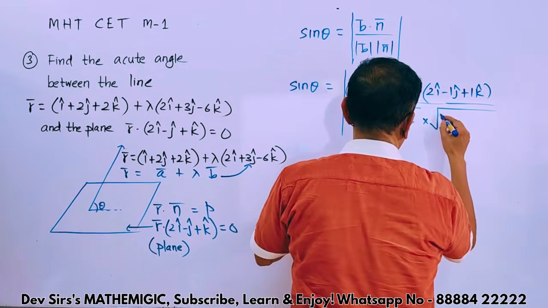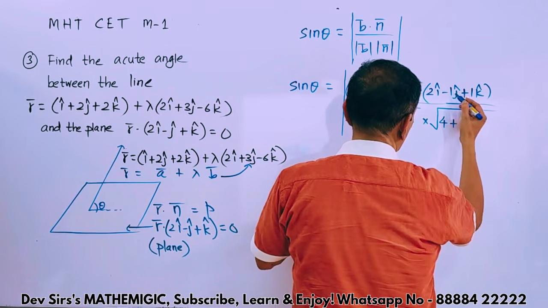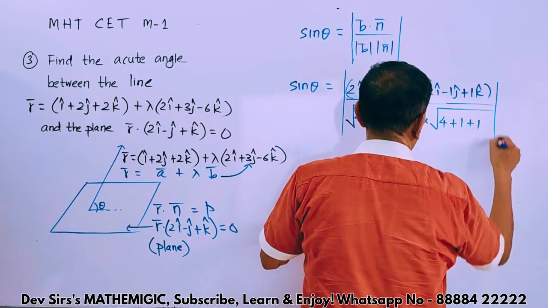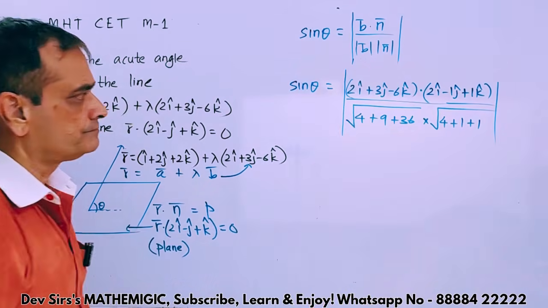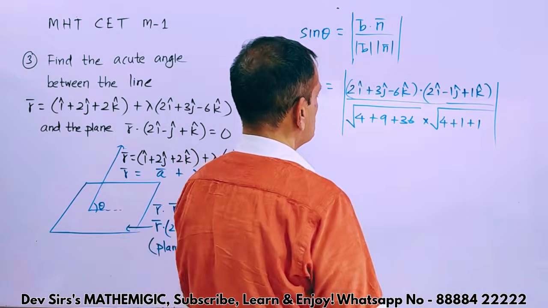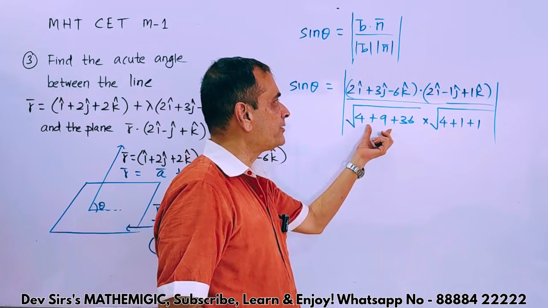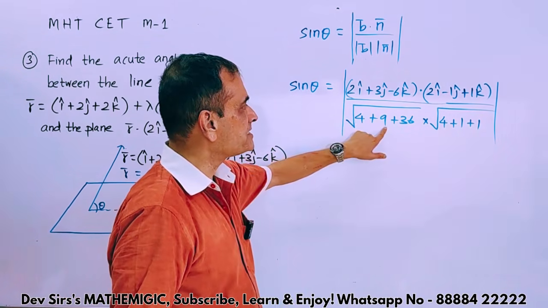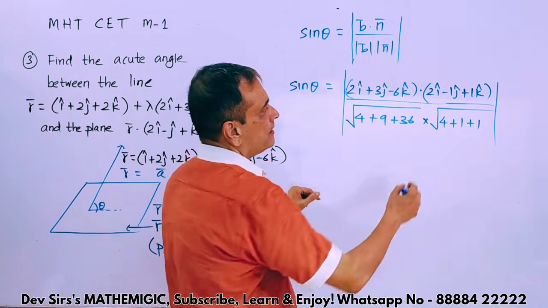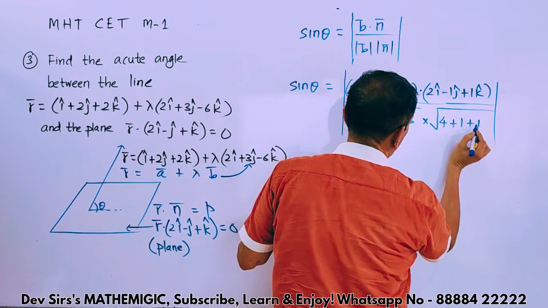Root of 2 squared is 4 plus minus 1 का square plus 1 square. That's all. Followed? So ऊपर whatever we have written over there, just take the magnitude of that. 2 squared plus 3 squared plus minus 6 squared. Minus 6 squared is plus 36. ऊपर जो लिखा है उसका स्क्वायर रूट लेना है. 4 plus 1 plus 1.